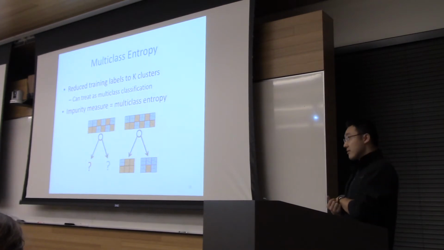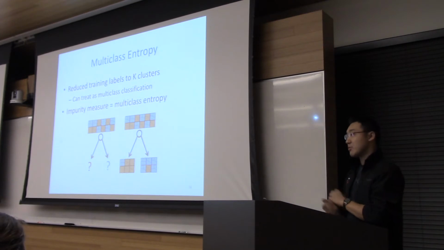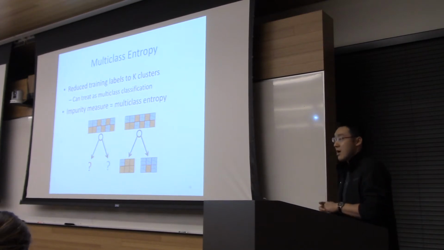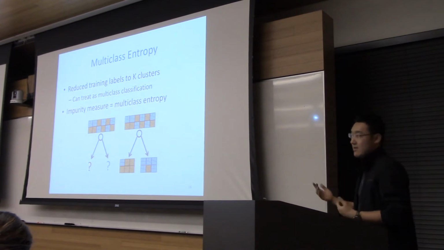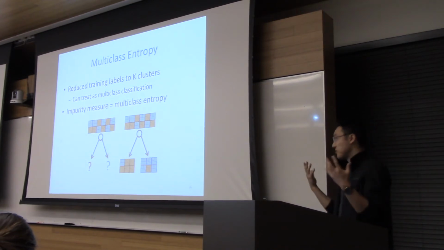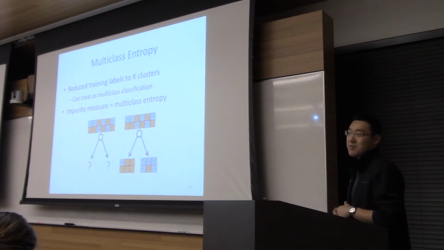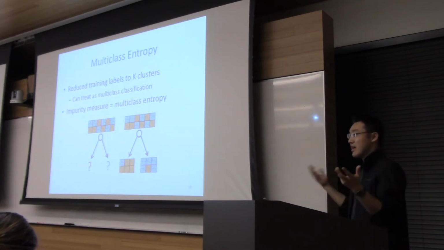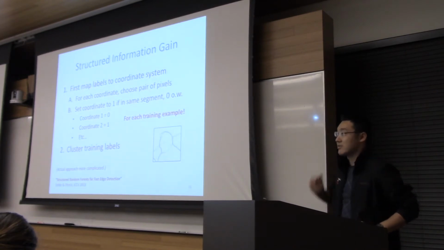By clustering, we've reduced the training labels to membership in one of k clusters. And for those of you who aren't super familiar with clustering, we'll get to that next week. It's literally what it sounds like. We're going to group the data points into k clusters as measured by similarity in this coordinate system.